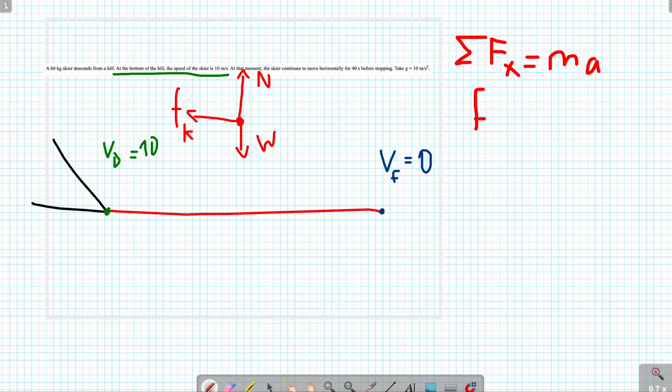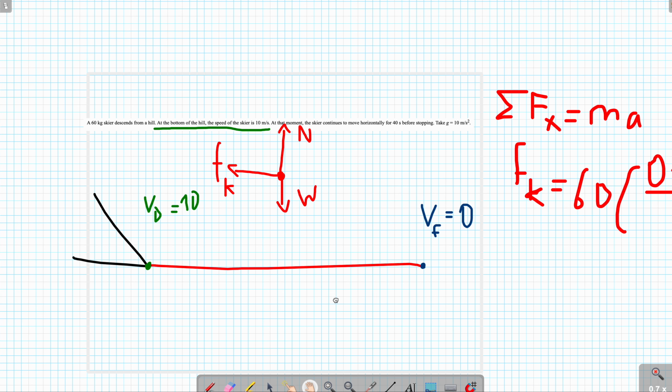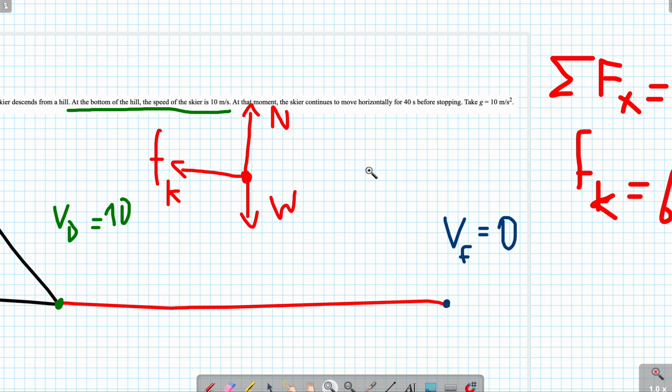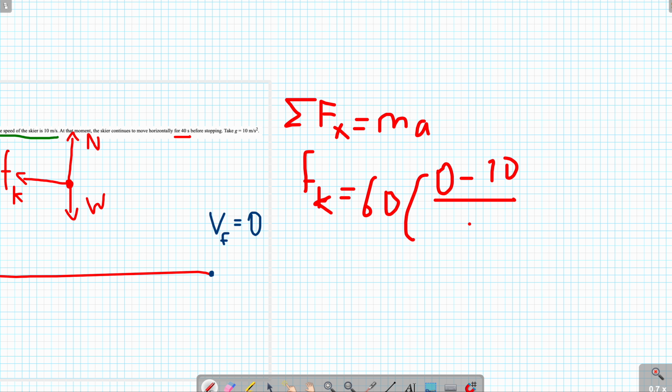Kinetic friction is equal to 60 times V final minus V initial over time, so 0 minus 10 over the time which they gave as 40.